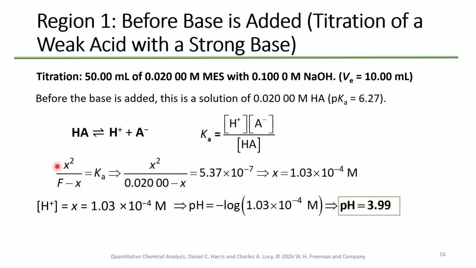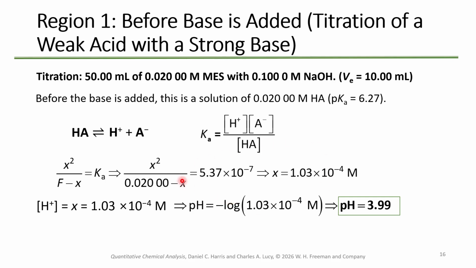So that's x squared over the formal concentration minus x, right? What we'd do here is we'd have the Ka here. That's 10 to the negative pKa, right there. This right here is the 0.02 molarity of that weak acid there. And then minus x on the bottom.